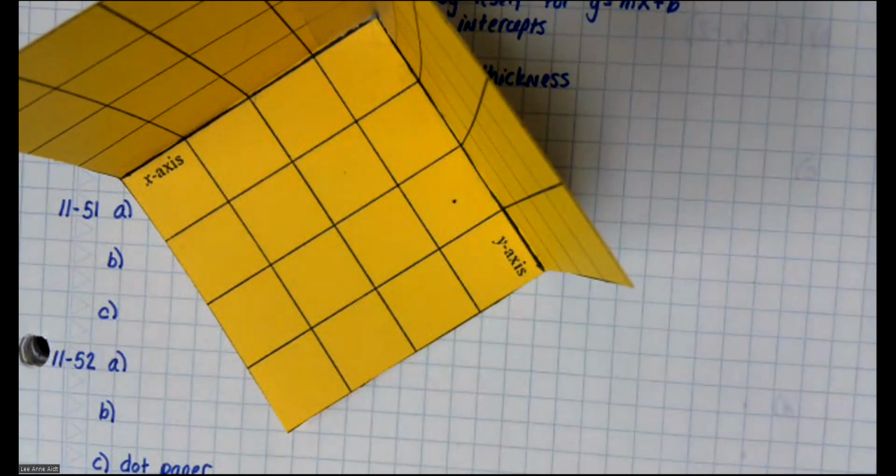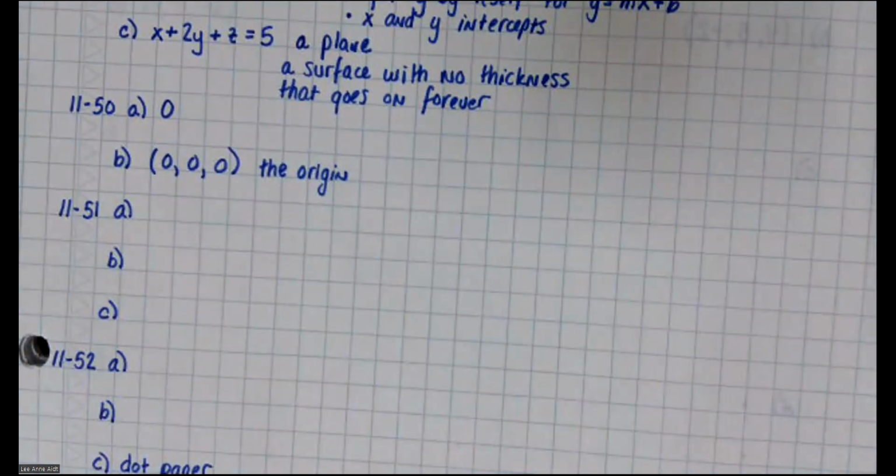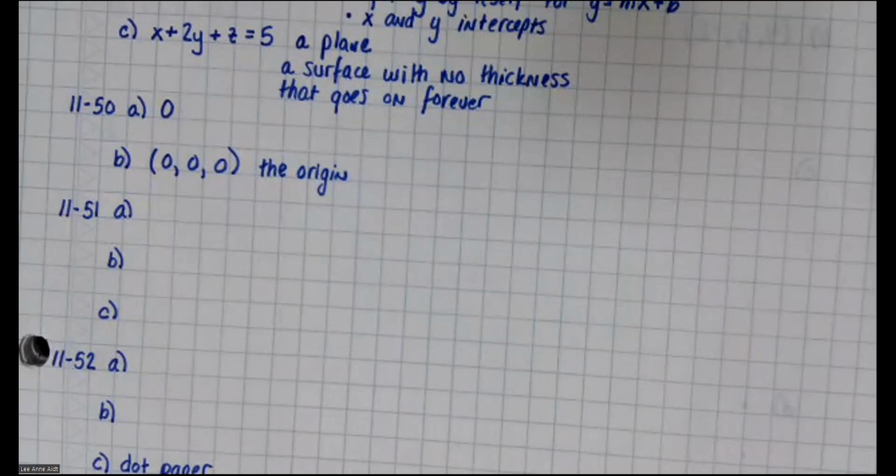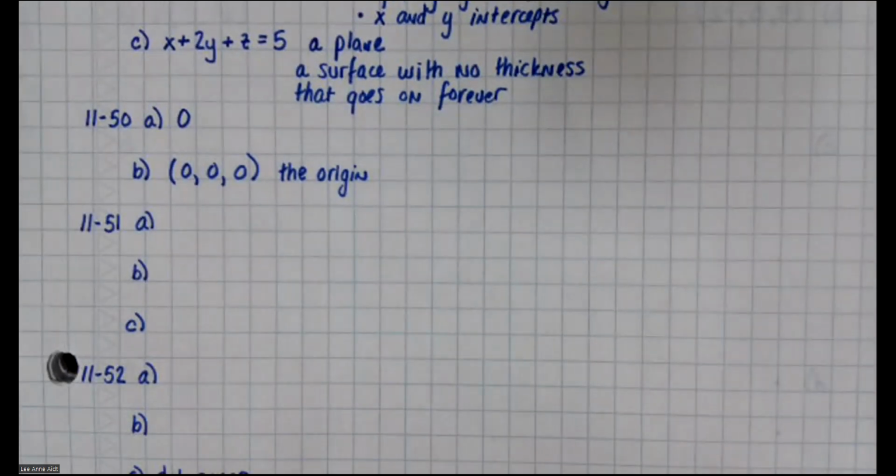Okay. What did it say to do with that information? With your team, decide how you can write the coordinates of this point. That is not really a shocking statement. What do you think? 4, 2, 3.